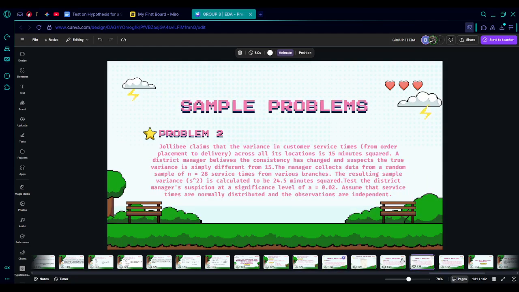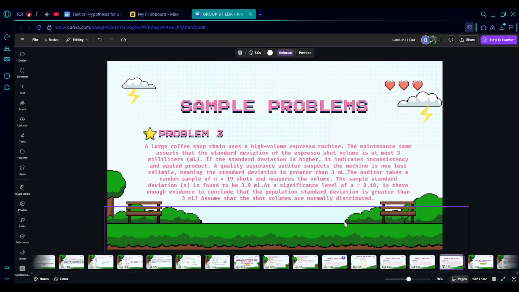So for our third problem rather, a large coffee shop chain uses a high volume espresso machine. The maintenance team asserts that the standard deviation of the espresso shot volume is at most 3 milliliters or ml. If the standard deviation is higher, it indicates inconsistency and wasted product.